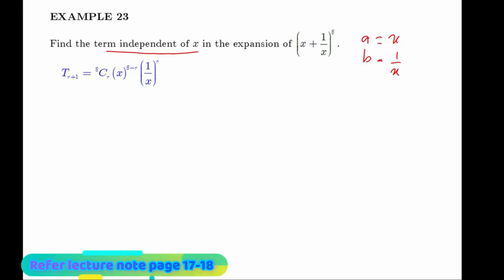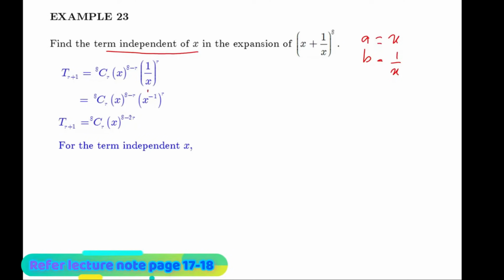Here, we simplify our 1 over x into x to the power minus 1, so that we can put the x together by adding the powers. Then we get T(r+1) equals 8Cr times x to the power 8 minus 2r.